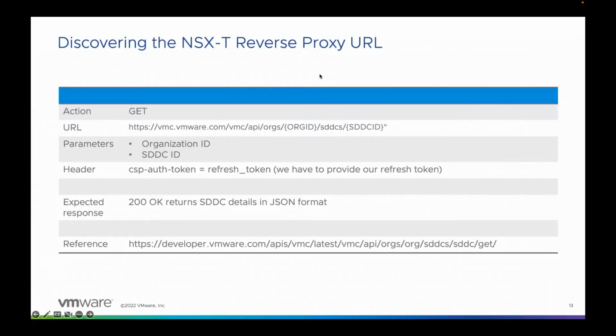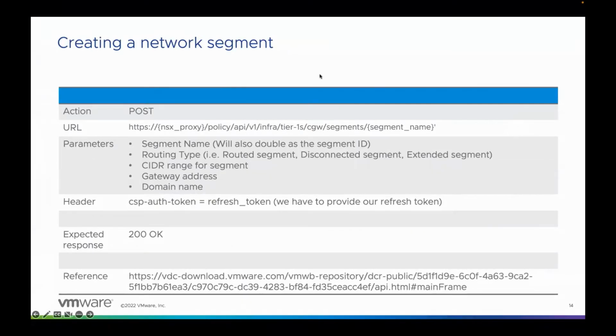So now we're going to create a segment. We're going to continue this example, and we're going to create an NSX-T segment. This one is going to utilize that NSX proxy URL. And you can see we're going to a different endpoint this time. We're also going to capture the segment name as well as the routing type, whether it's going to be a routed segment or a disconnected segment or an extended segment.